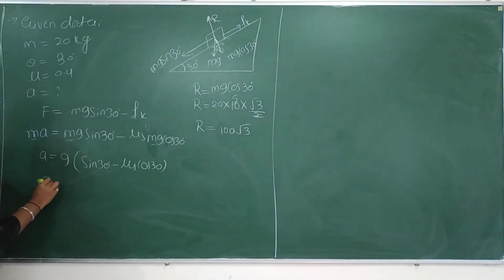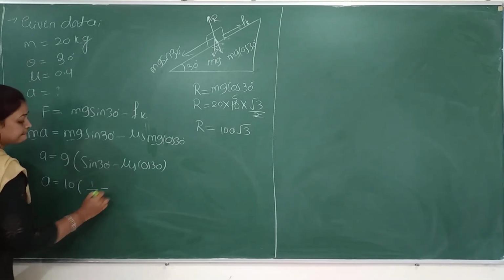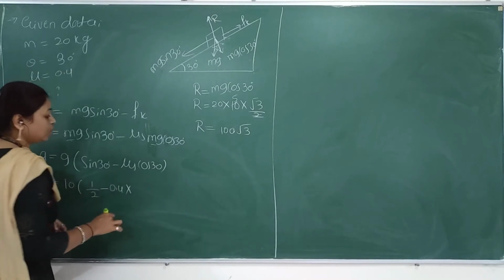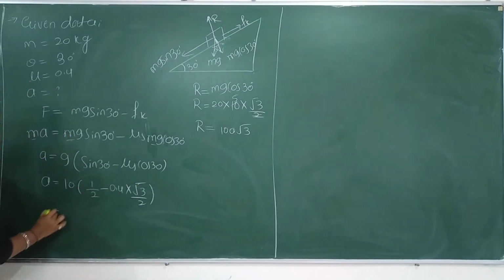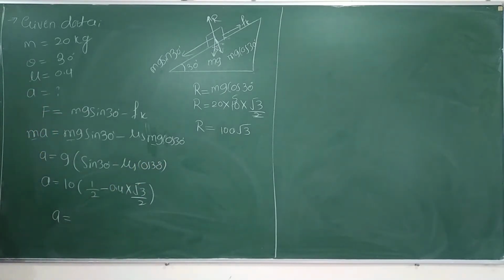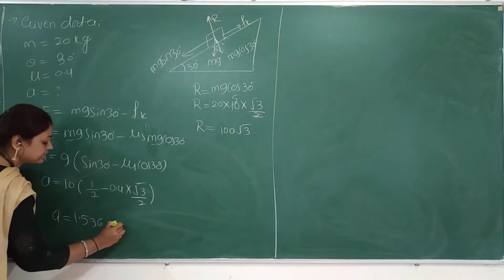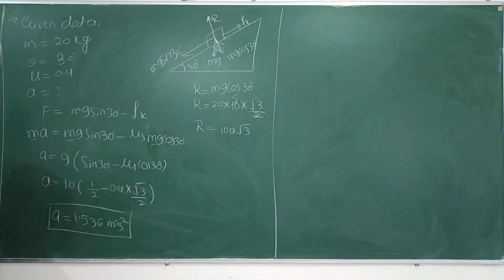Now substitute the values. g value is 10, sin 30 is 1 by 2, mu s value is 0.4 into cos 30 is root 3 by 2. So the acceleration, final answer will be, calculate and tell me the answer. It is 1.536 meter per second square. Later you can calculate.